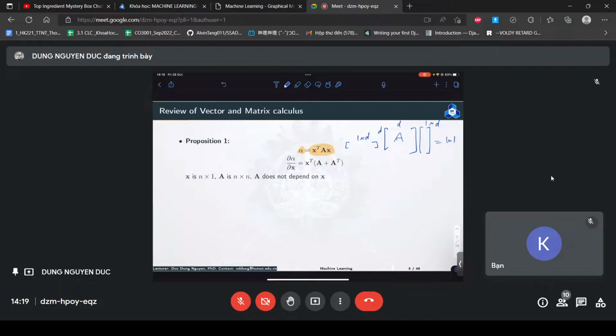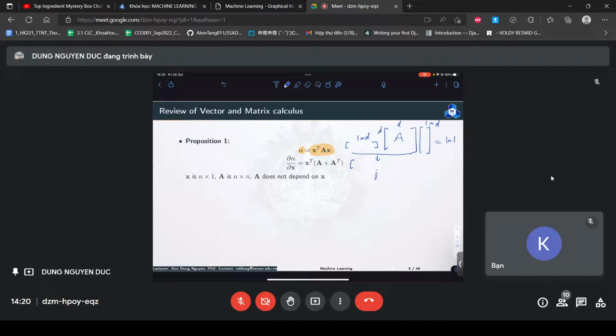Should I do it? If you want to prove this one, it's in matrix calculus, by the way. Suppose I'm talking about this product. Let me check element j here.